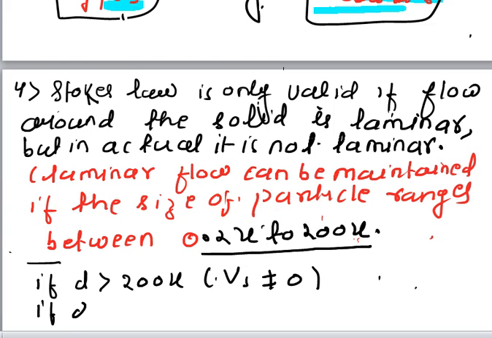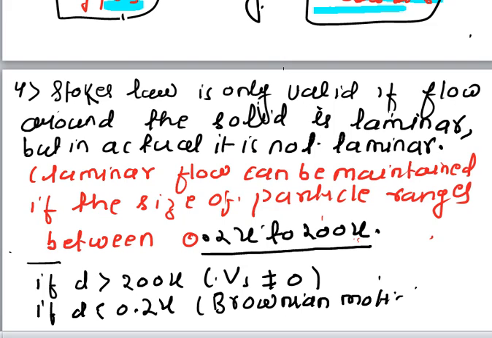Also if D is less than 0.2 micron, there is no type 1 settling; there occurs another type of settling called Brownian motion, or zigzag. They fall in a zigzag pattern.